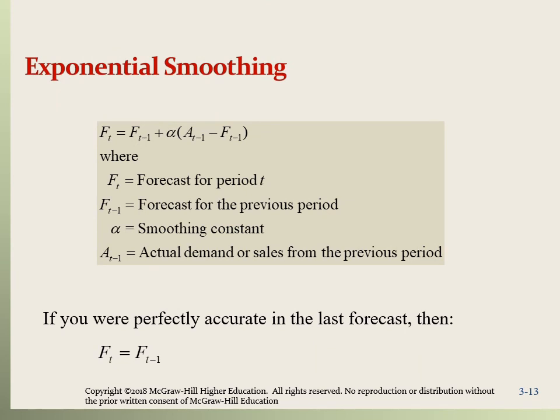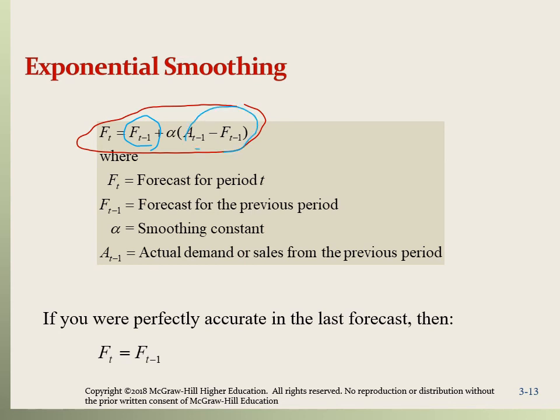So here is the formula for the exponential smoothing method. In this formula, f sub t is the forecast that you want to make for period t. And all you need to know is your forecast for the previous period, t minus 1, and the error that you made.